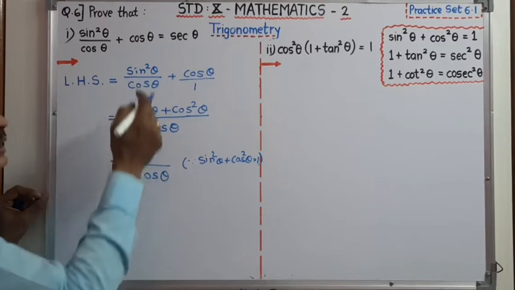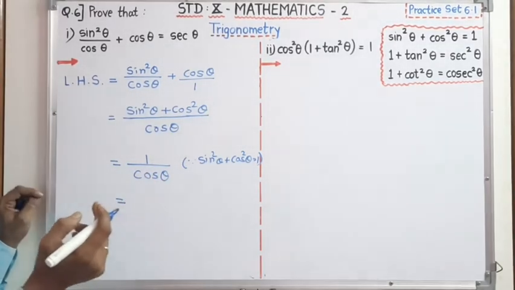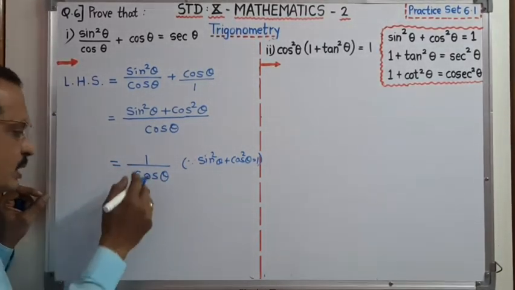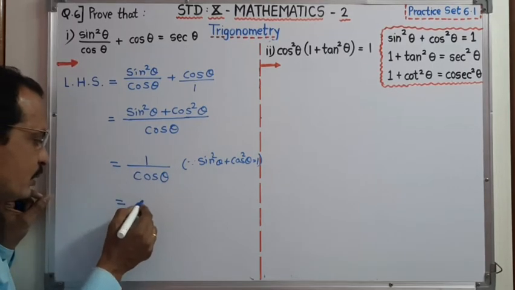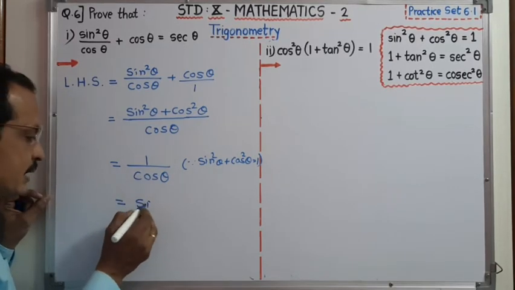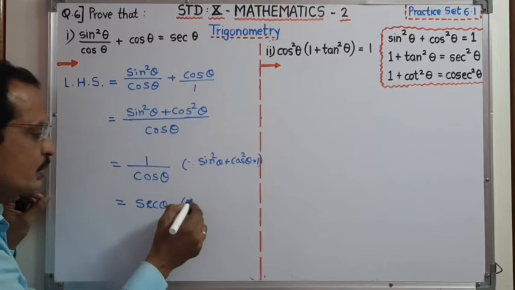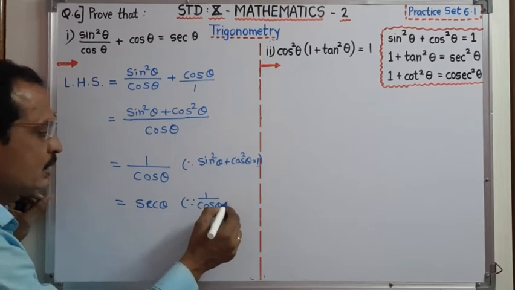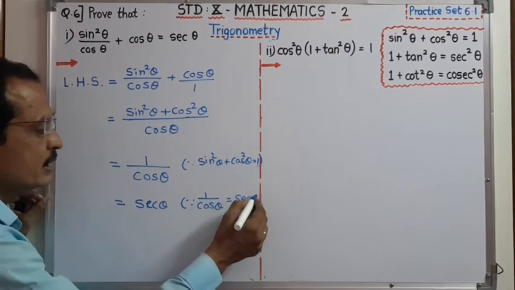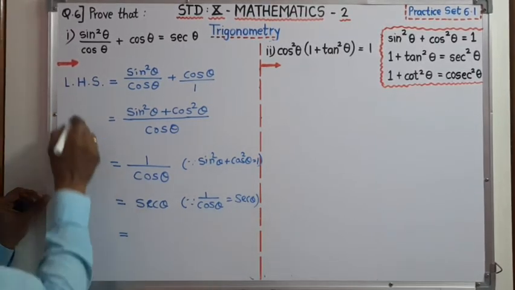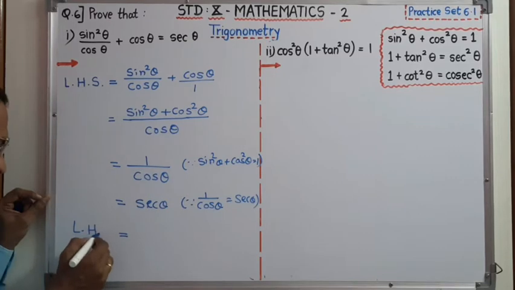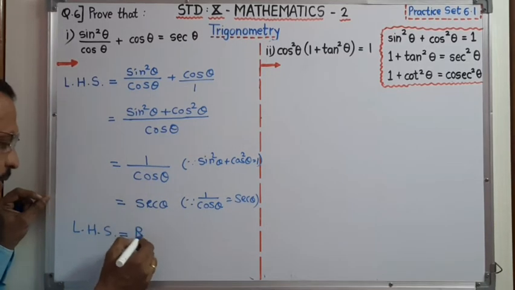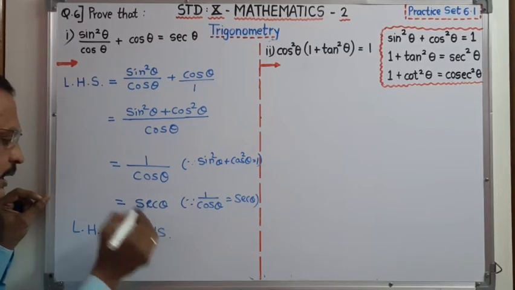We know the identity that cos theta and sec theta are the inverse of each other. Therefore, instead of 1 upon cos theta, we can write sec theta, since 1 upon cos theta is equal to sec theta. Therefore, we solve the LHS and get the answer as the RHS.